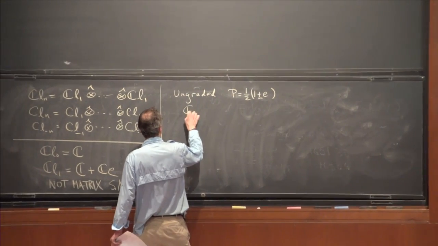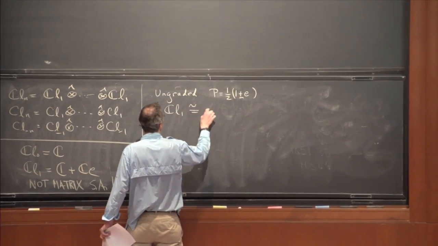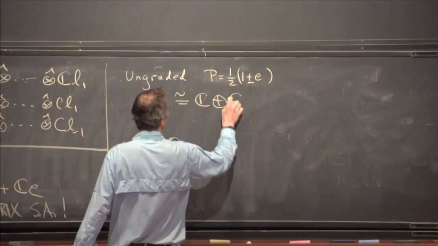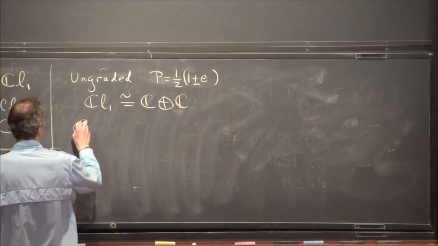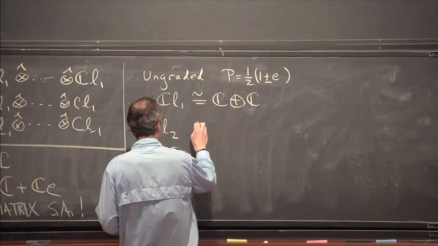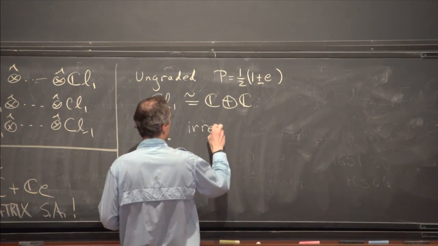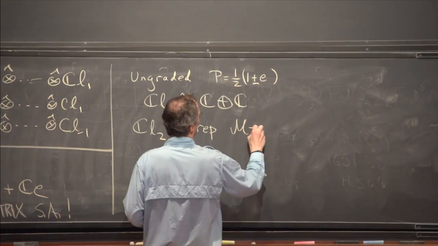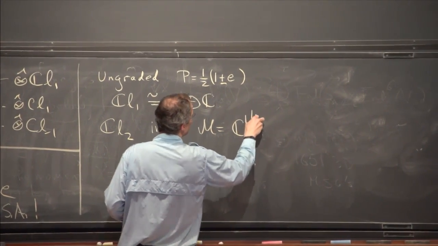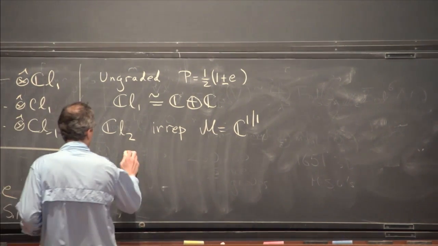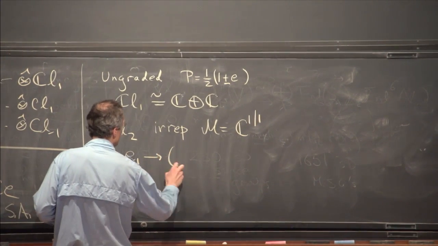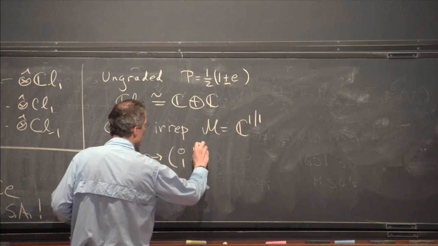And so as an ungraded algebra, Clifford 1 is isomorphic to C plus C. How about Clifford 2? Well, now we have an irrep on a graded, on a supervector space, C11. We have to represent our odd generators by odd matrices, and we can do that.